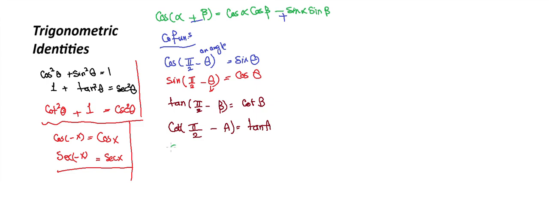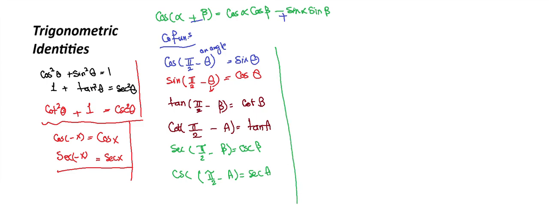The same thing for secant and cosecant: secant of pi over 2 minus b is cosecant b, and cosecant of pi over 2 minus a will be secant a. Clear?